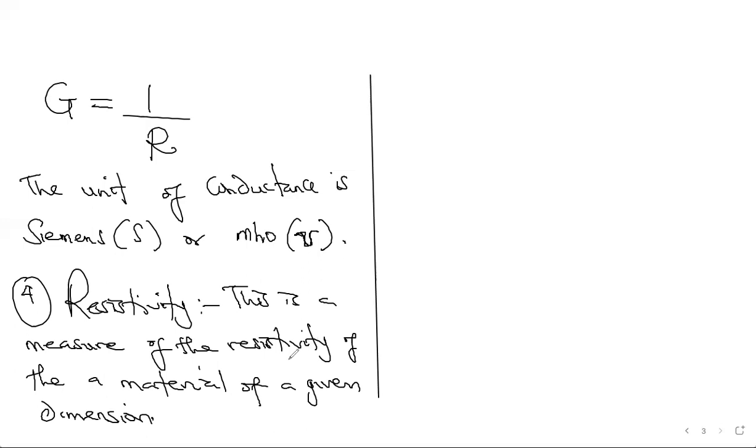We'll look at the relationship between resistance, length, cross-sectional area, and resistivity later on. The unit of resistivity is the ohm meter.